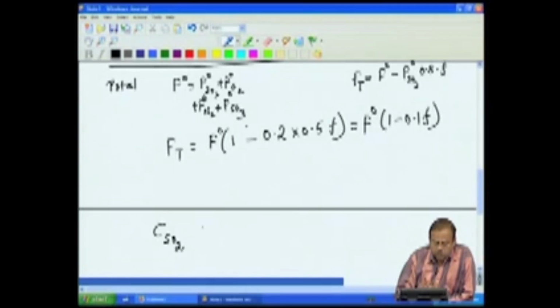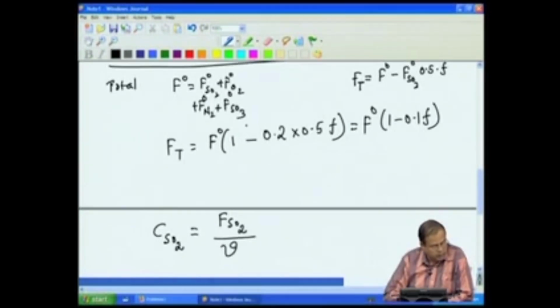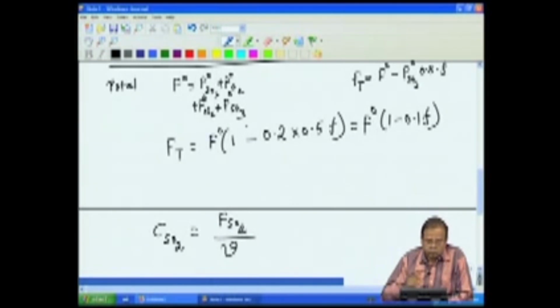What is concentration? Concentration is the molar flow rate of SO2 divided by the volumetric flow rate V. Okay. So, that is what our concentration is.